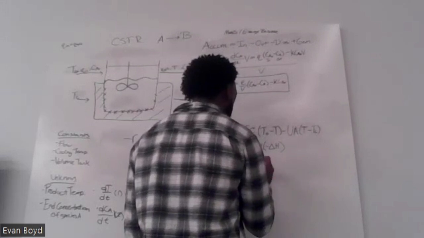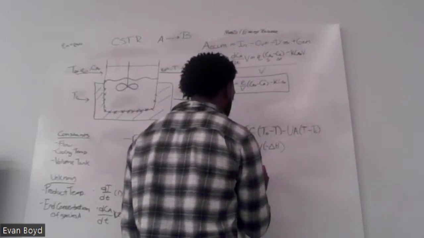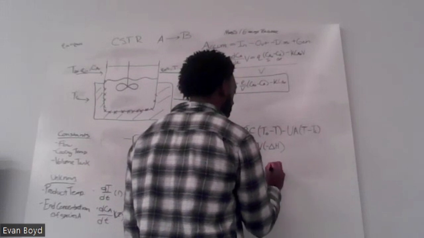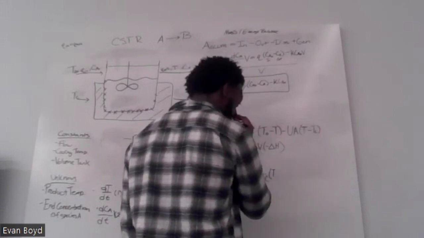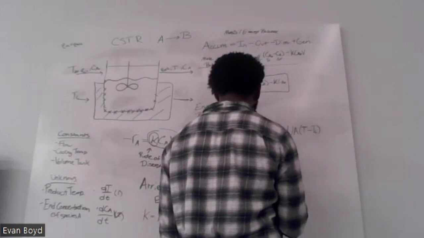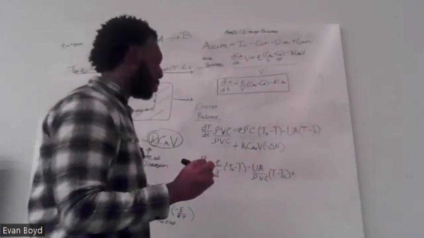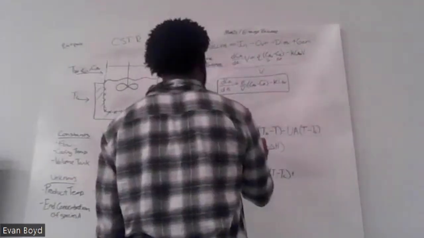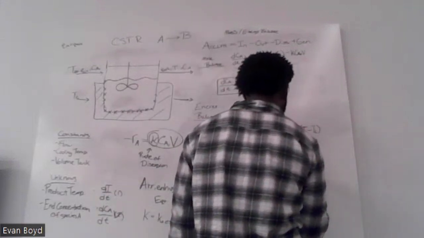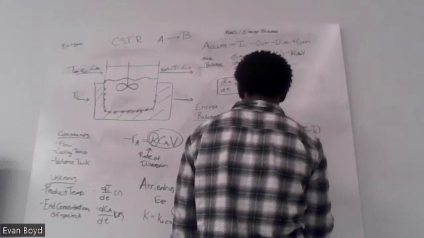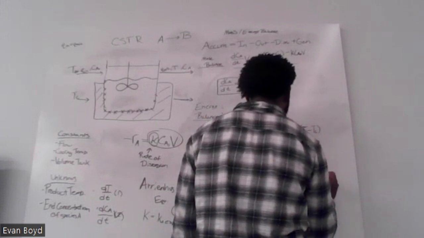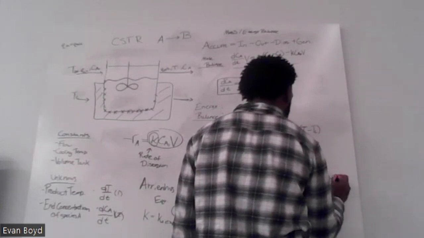minus the heat transfer coefficient times area divided by density times volume times specific heat, times the temperature of the system minus the cooling temperature, plus the rate of reaction times the concentration of A divided by the density times specific heat, and that'll be times the change of enthalpy with the negative sign.